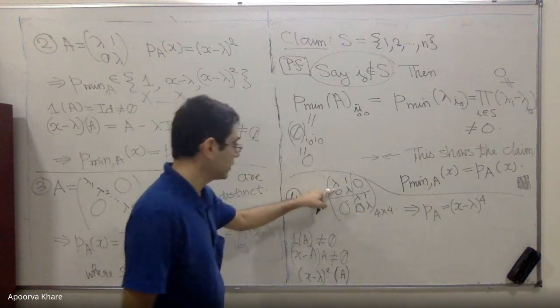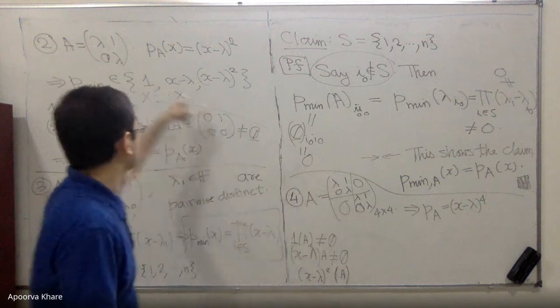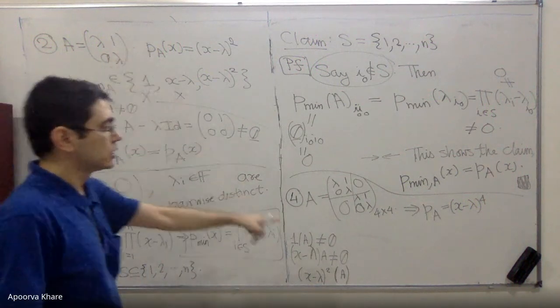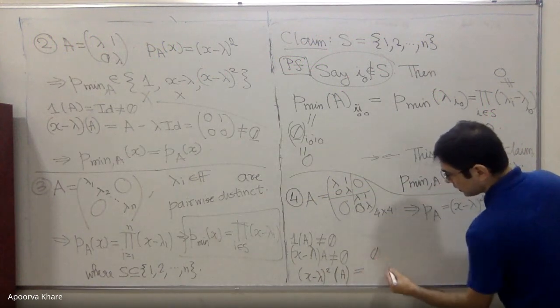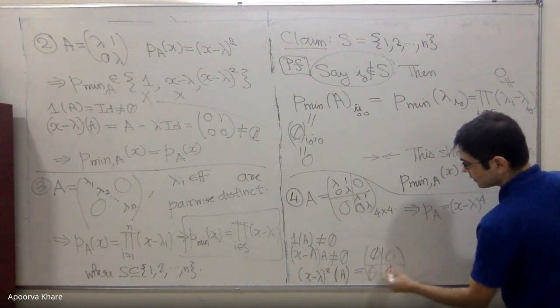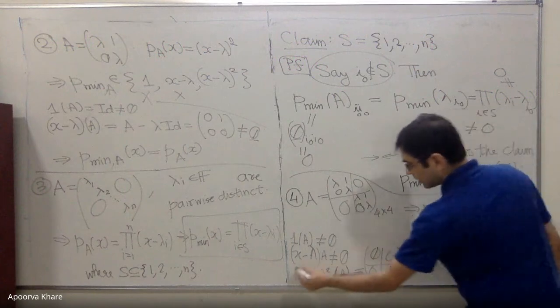So it's enough to evaluate x minus lambda square on this matrix and this matrix. And over here we saw that x minus lambda square kills this matrix. So it kills each of them, and so this is indeed equal to 0 here and 0. The other two entries were already 0 and 0, so that's fine. Therefore, this is P.